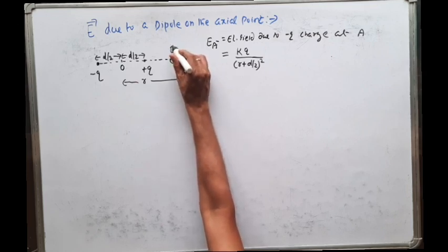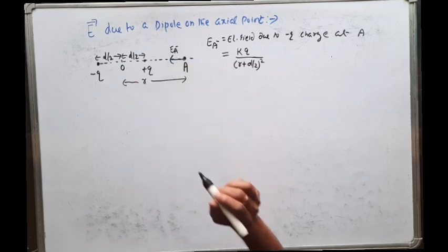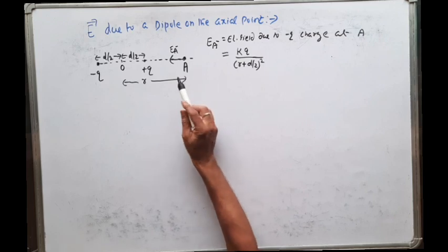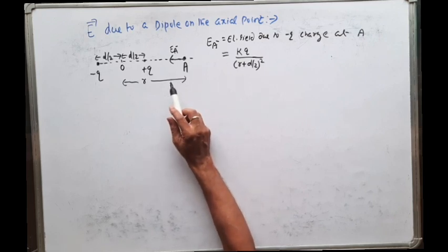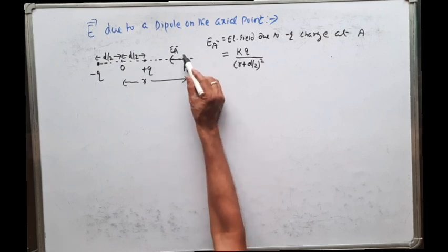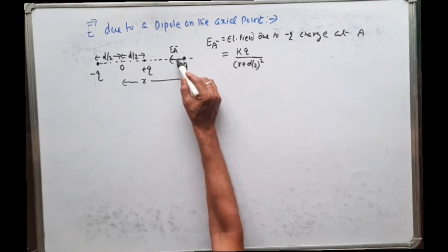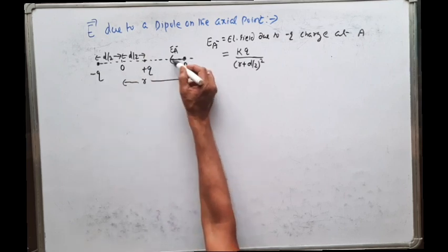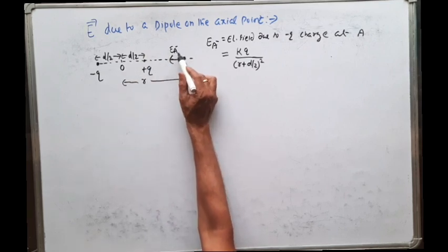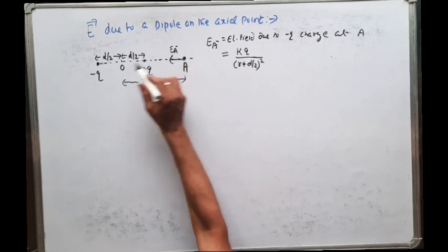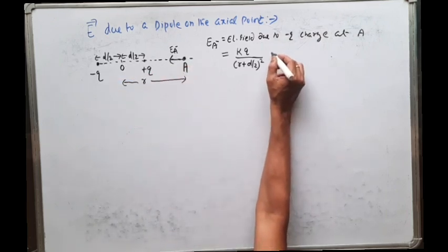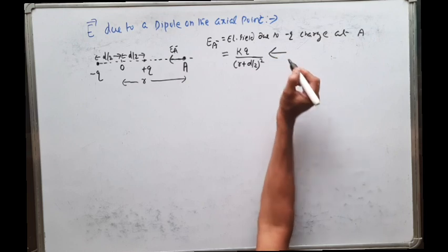This is EA minus. Or, you know, electric field intensity is the force per unit positive test charge. So if I keep a plus 1 charge here, it will be attracted by this negative charge along this direction. That's why this is the direction of the electric field due to the negative charge. So the electric field direction is towards the left.